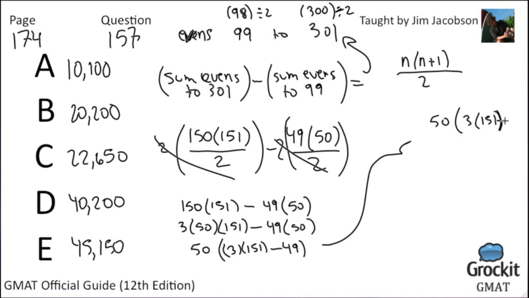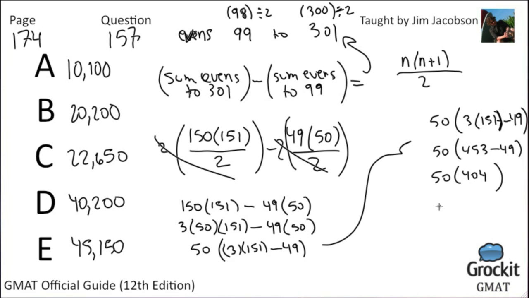Just pretend I didn't put that minus there yet. So 50 times 453 minus 49. Same thing as 50 times 404.